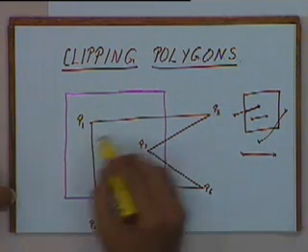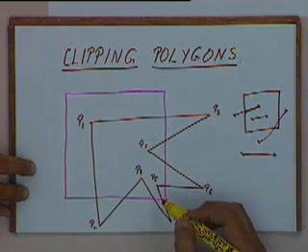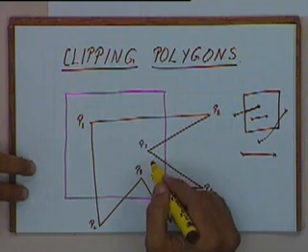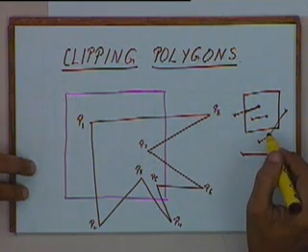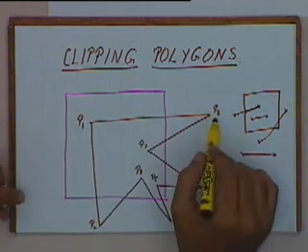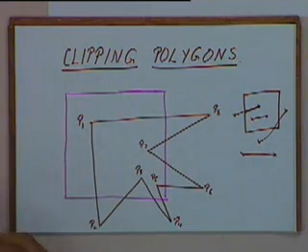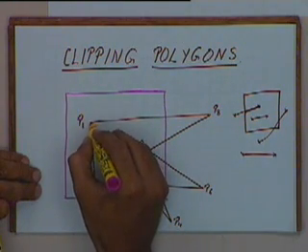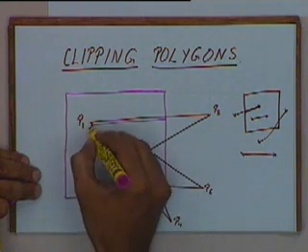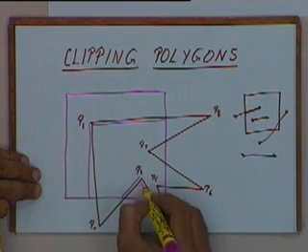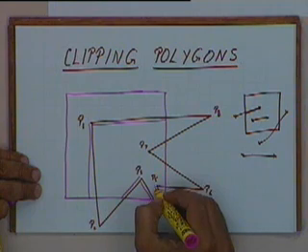Today we will see a related problem, that is how to clip a polygon. Now a polygon is a sequence of edges, but we cannot directly use the same method, because if we use the same method, this polygon will be clipped into a set of line segments, this line segment, this portion and so on.